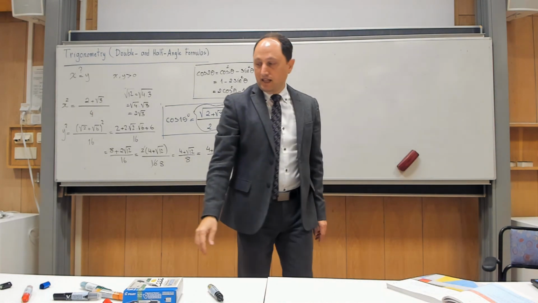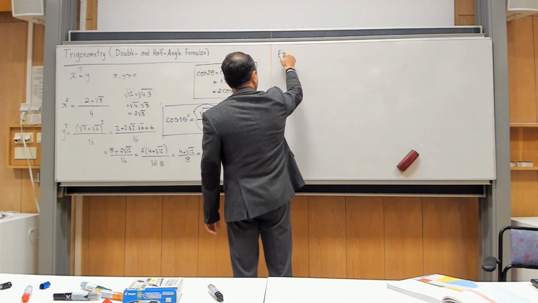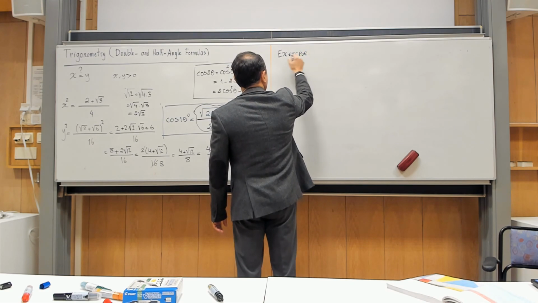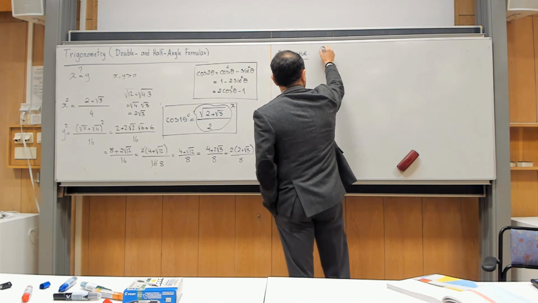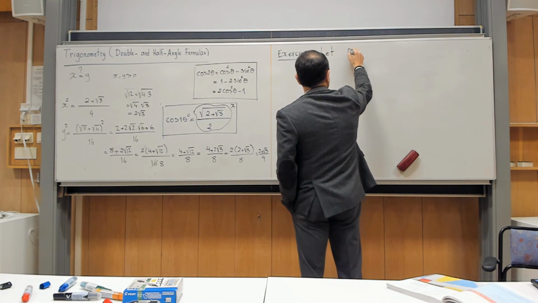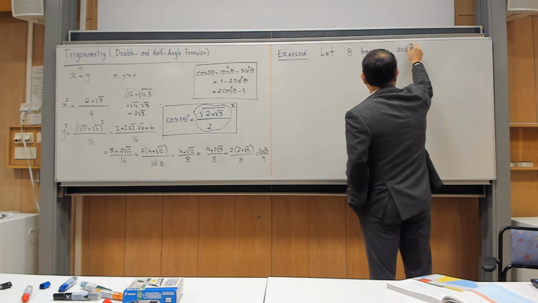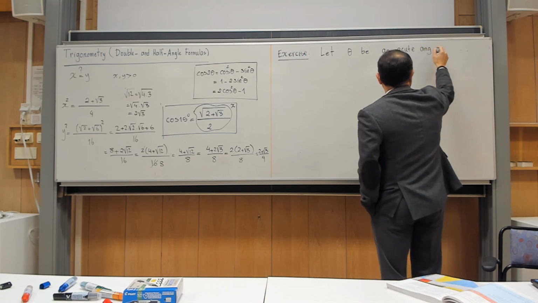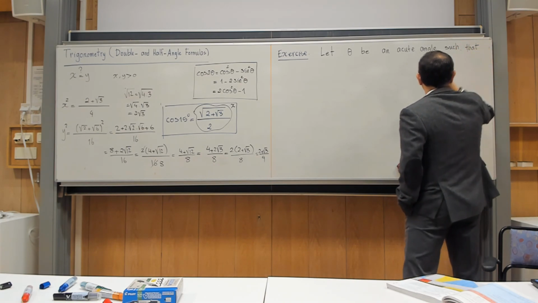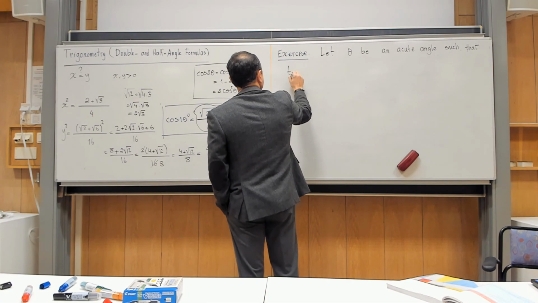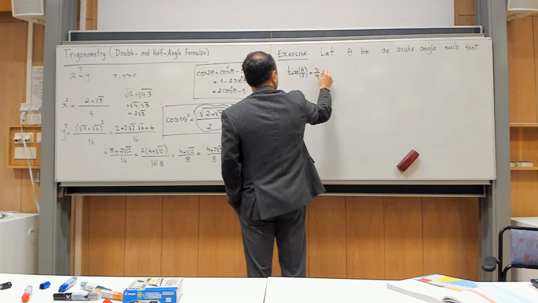So let me write it as an exercise, not an example. Exercise: Let theta be an acute angle such that tangent of theta divided by 2 is 3/4.